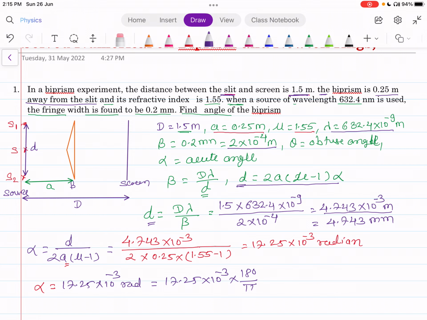So this will be converted into degree, which comes approximately equal to 0.99 degree. And this 0.99 degree is now the value of alpha.